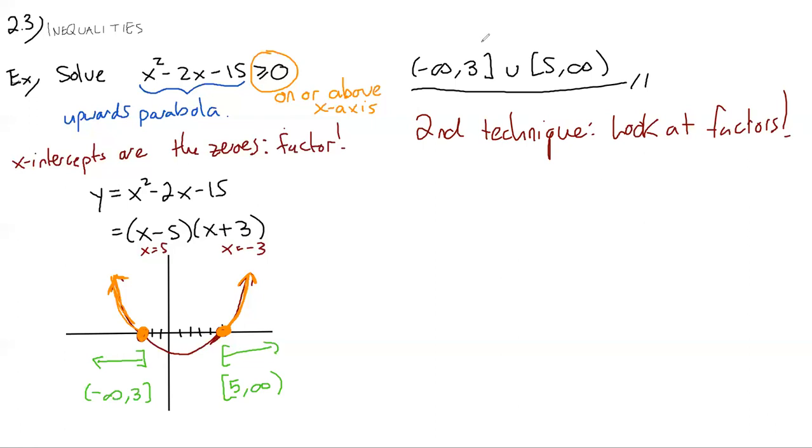So what I like to do for this technique is to construct a table. And in this table, what I'm going to have here is my zeros, very specifically, so they're not going to be headings in the table. What I'm going to do is write the zeros above the lines that separate the columns.